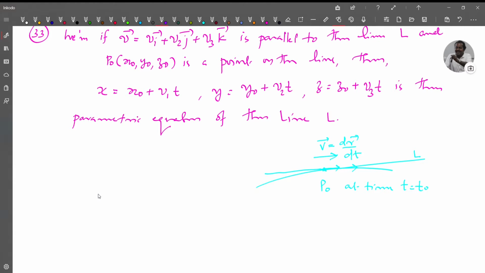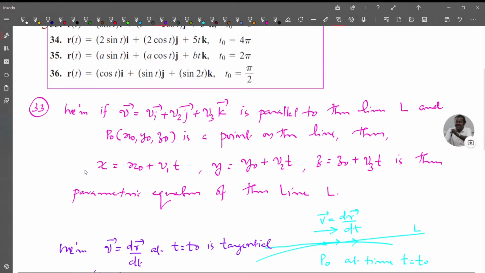So we are going to use this idea. We have v equal to dr by dt at t equal to t naught, which is tangential to the curve r of t.